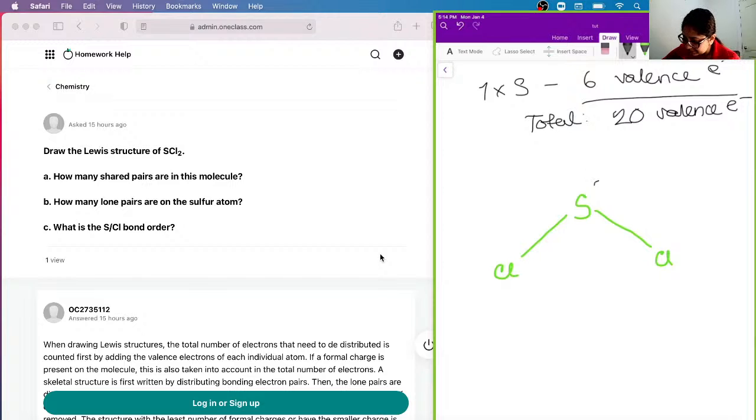So you can see sulfur will then have 2 lone pairs, whereas chlorine would have 3.